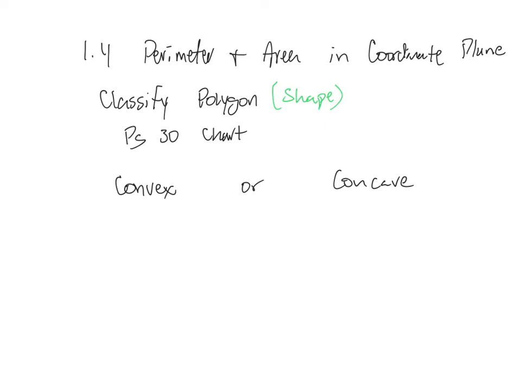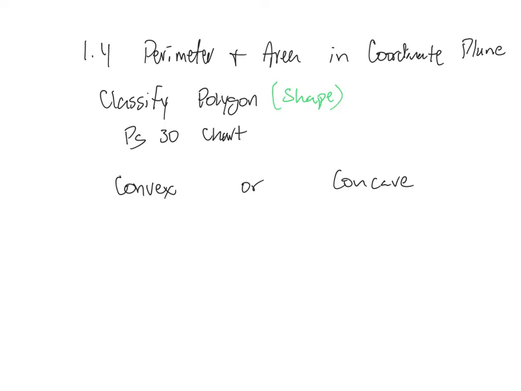The way that the book does it, and it doesn't matter which way, you say convex or concave first, and then the actual name of the polygon. Actually, it does it both ways, so it really doesn't matter.